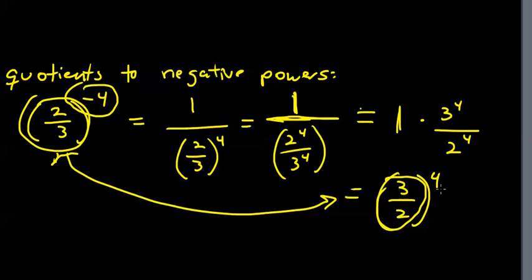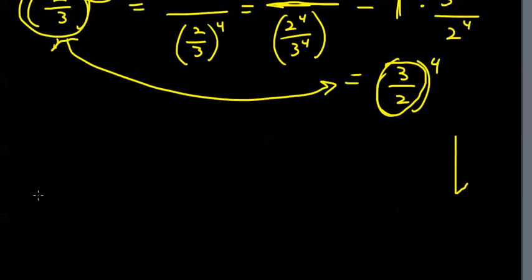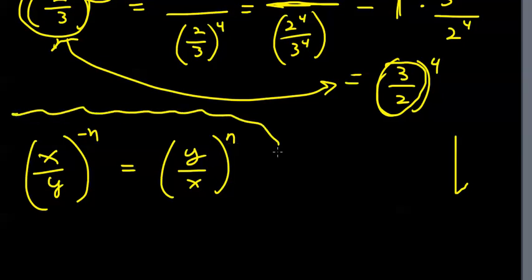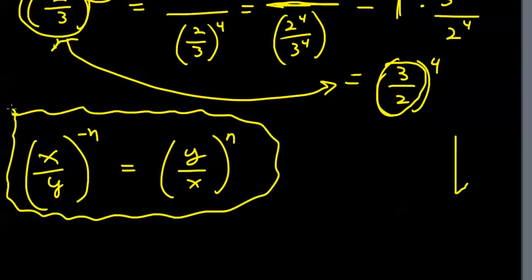This suggests a rule in general: if I've got a quotient raised to a negative power, I can invert that quotient and change that exponent sign. Very handy little tool, a little bit of a shortcut, when dealing with quotients to negative powers.